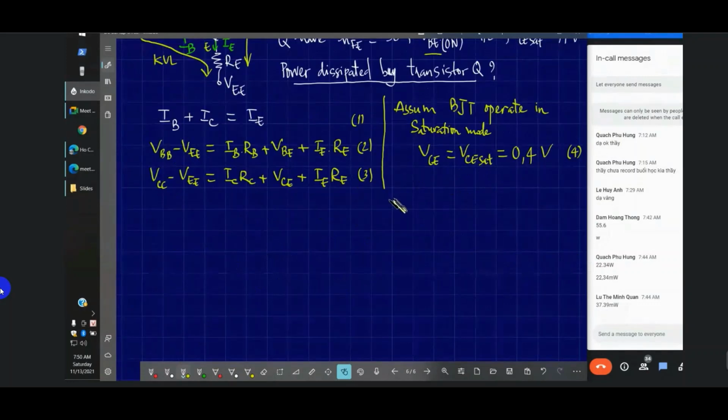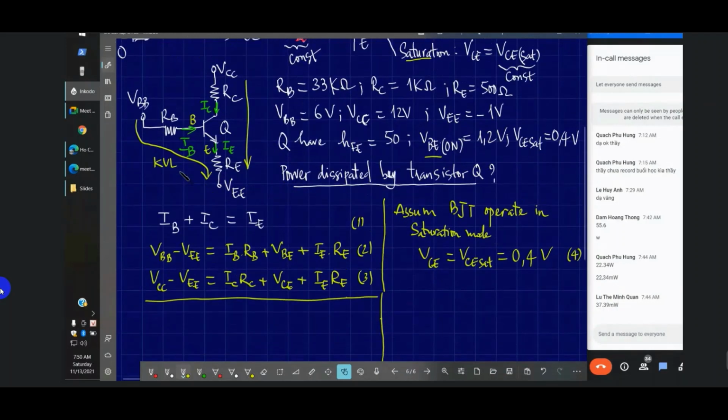Let's see, so what is ours? I put the numbers in. VBB here should be 6 minus of minus 1, equal to IB RB.